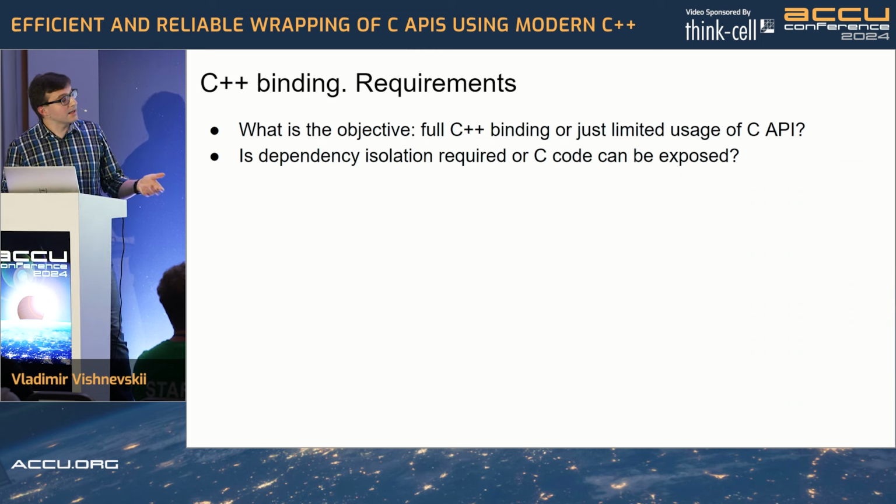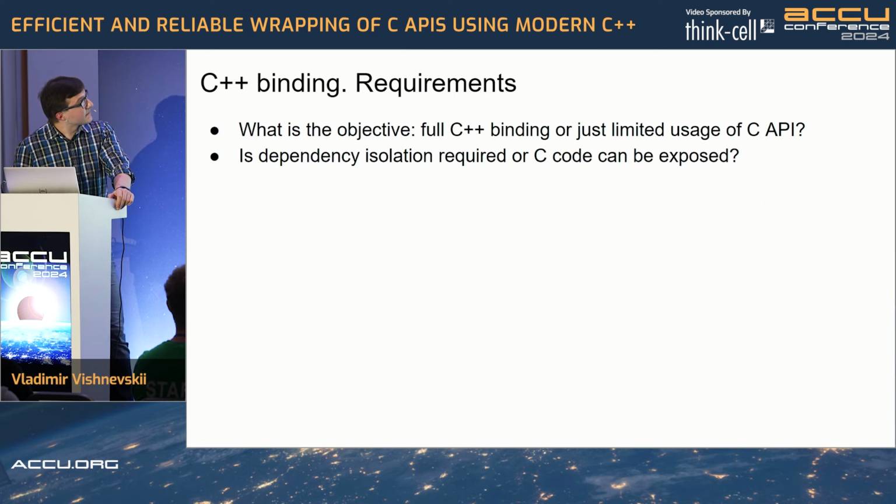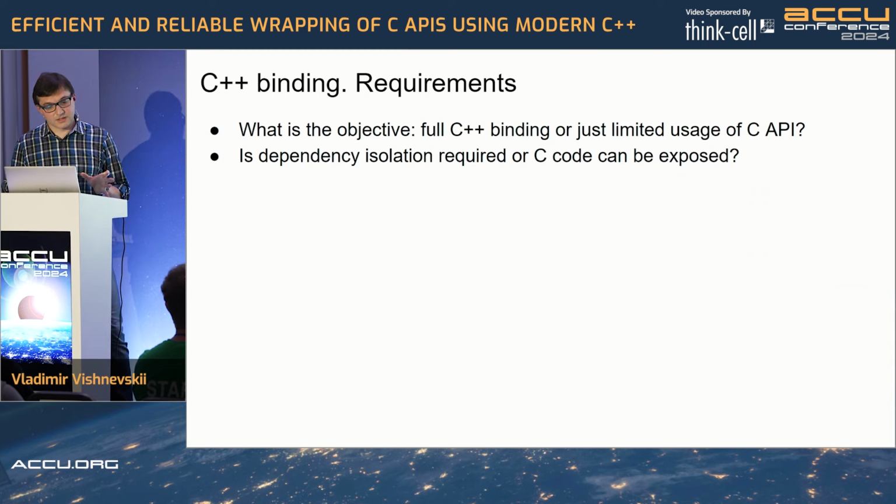I will also be showing examples and highlighting techniques that can be used not only for making the bindings, but also for usage of C code within C++ programs. Another important question is dependency isolation: is isolation of the dependency on the C API required? This to a very large extent affects how we will need to write the code.